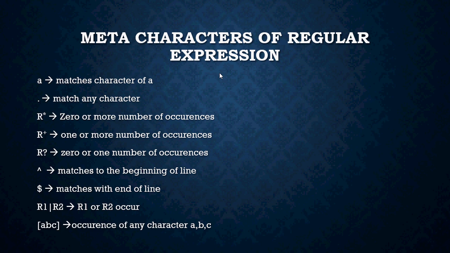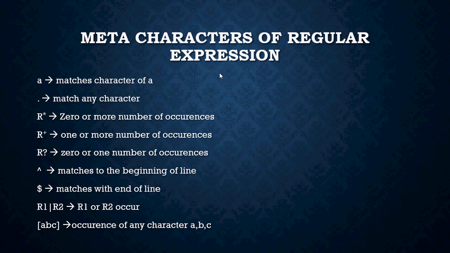R question mark means a regular expression can appear 0 or 1 number of times, so it is confined within 0 and 1. When I put a caret symbol, it matches the beginning of the line. And when a dollar is used in a regular expression, it matches anything ending with a particular string.